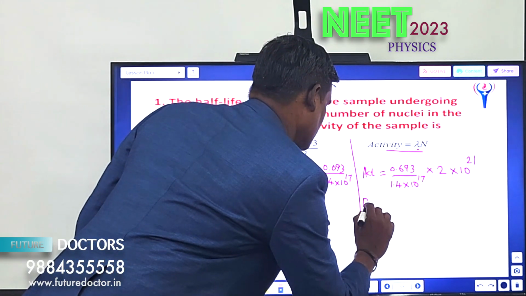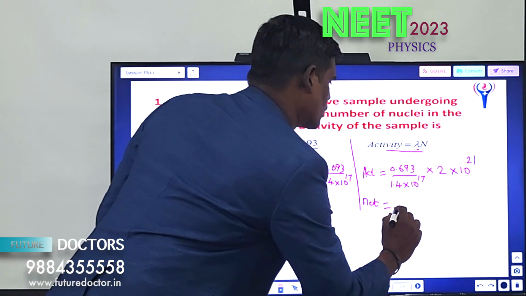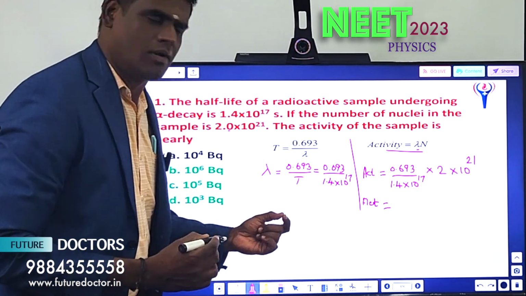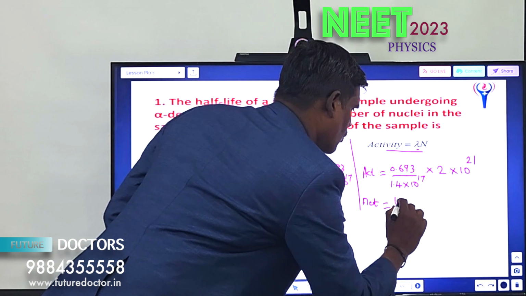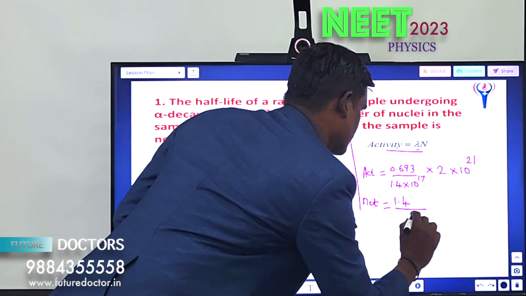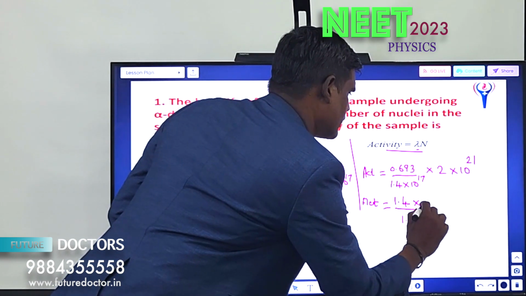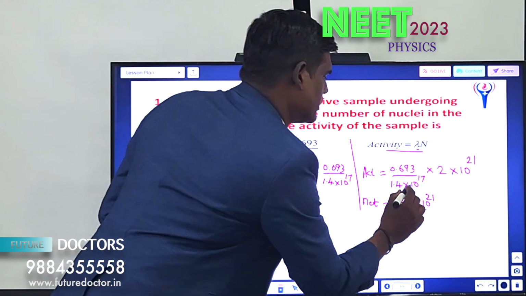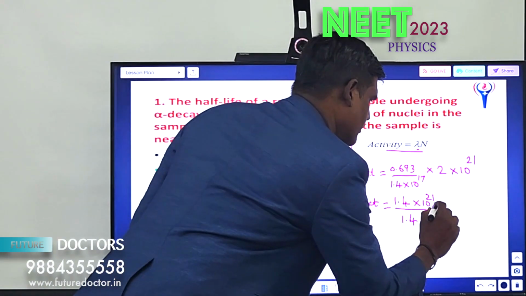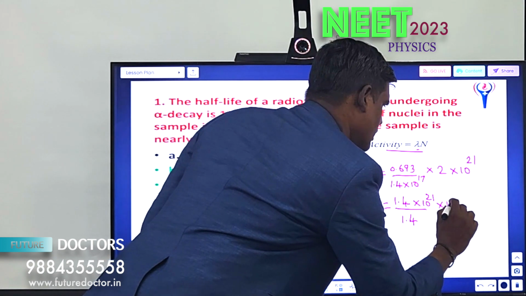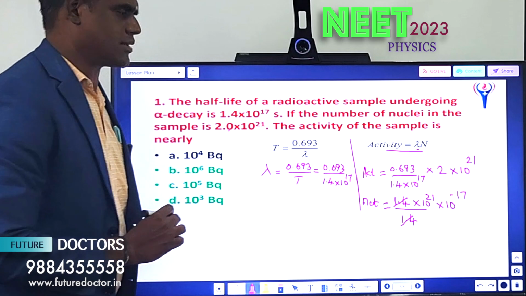Then activity equal to 0.7 into 2 is how much? 7 into 2, 14. 0.7 into 2, 1.4. 1.4 divided by 1.4, and there 10 power 21, and this 10 power 17 comes up as 10 power minus 17. 1.4, 1.4 getting cancelled.